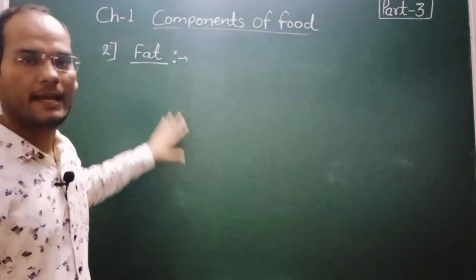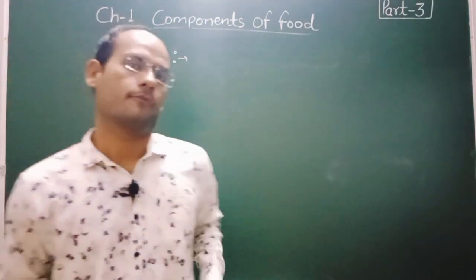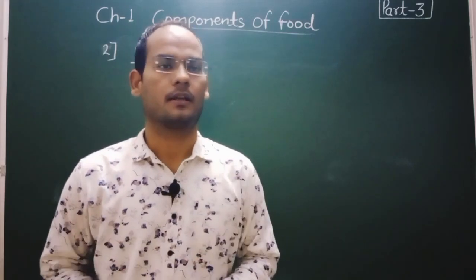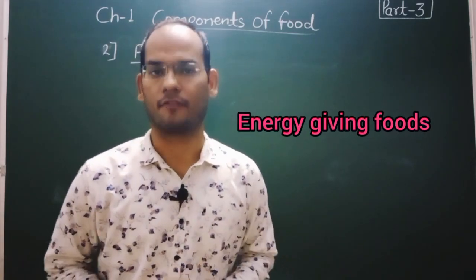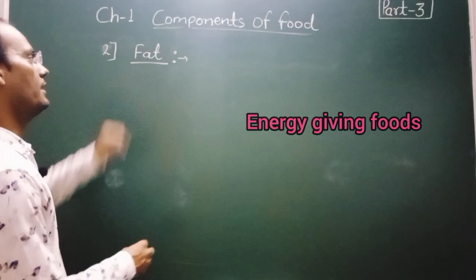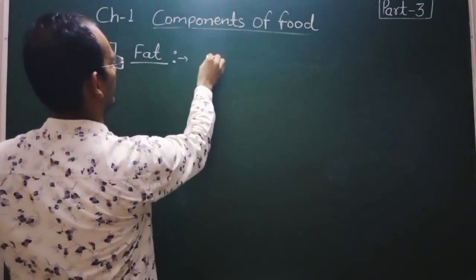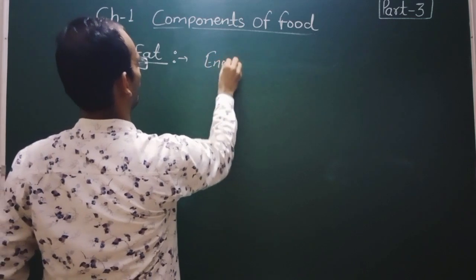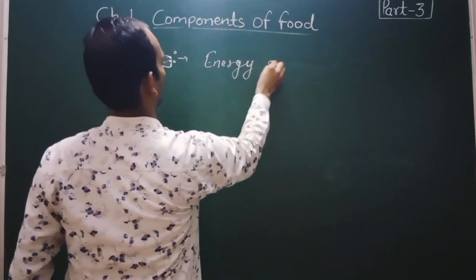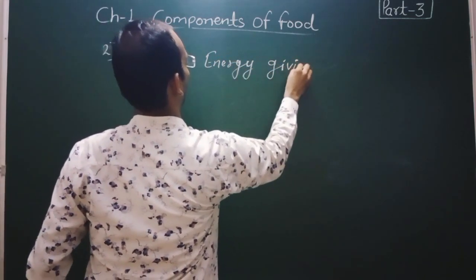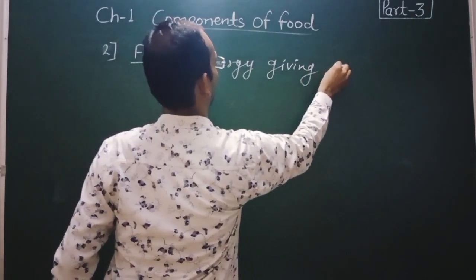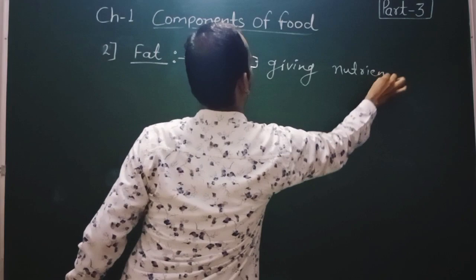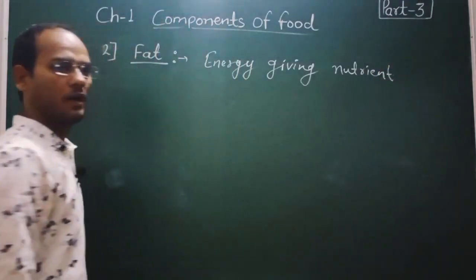So we can say that fat and carbohydrate containing foods are called energy giving foods. They are also called energy giving nutrients. Why?